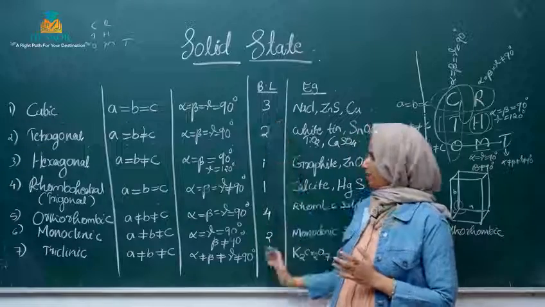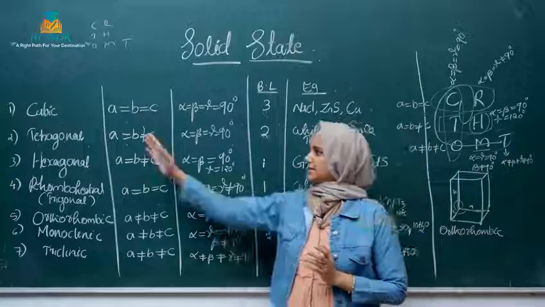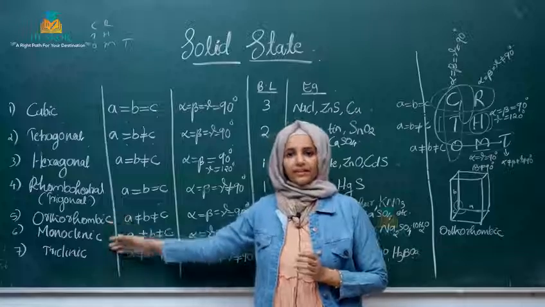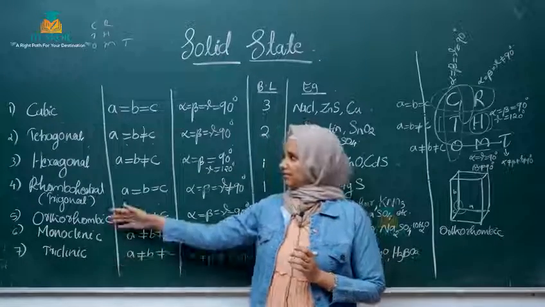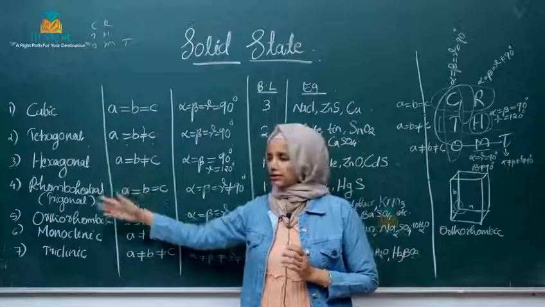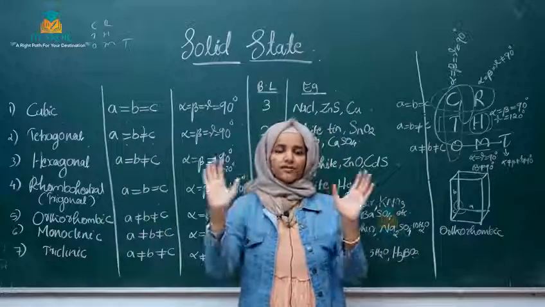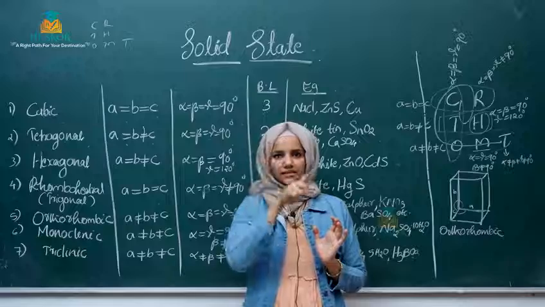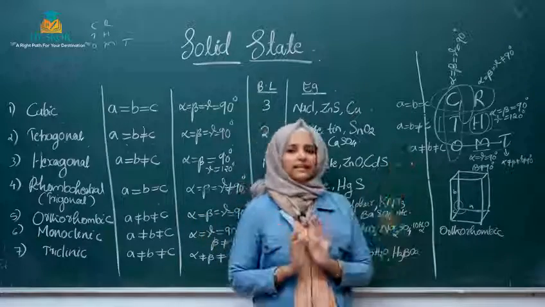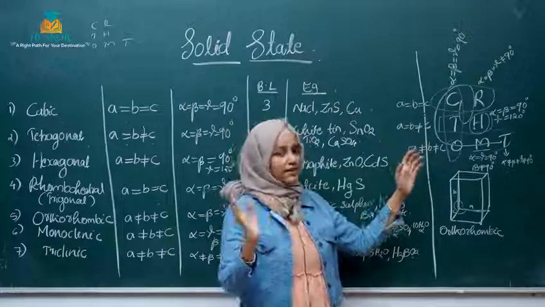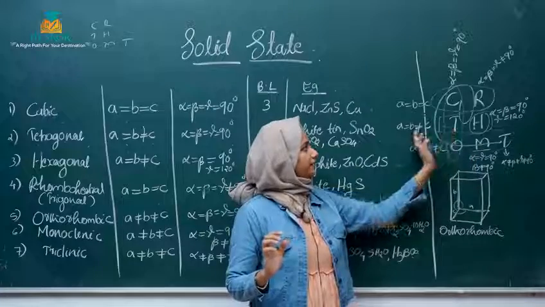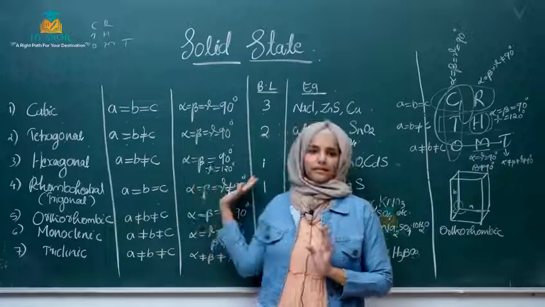So we have 14 Bravais lattices present in the 7 crystal systems. For easy remembrance of these 7 crystal systems, I told you one method: you have to write like a letter E, a small letter E. Then you will get an easy method for remembering these parameters.